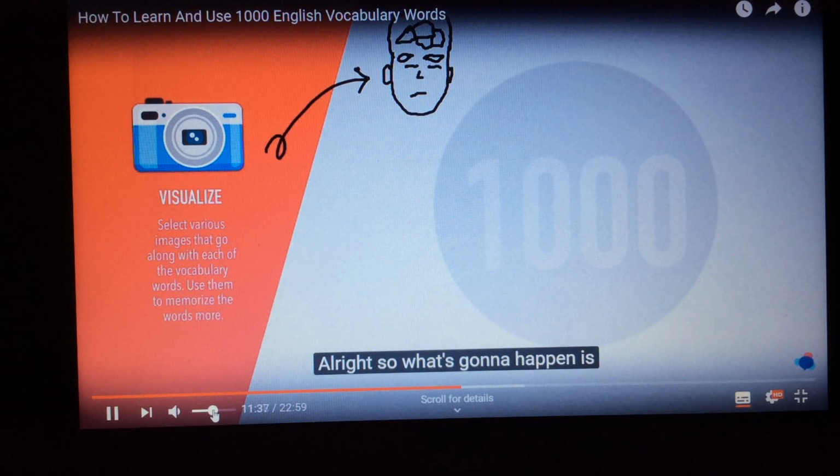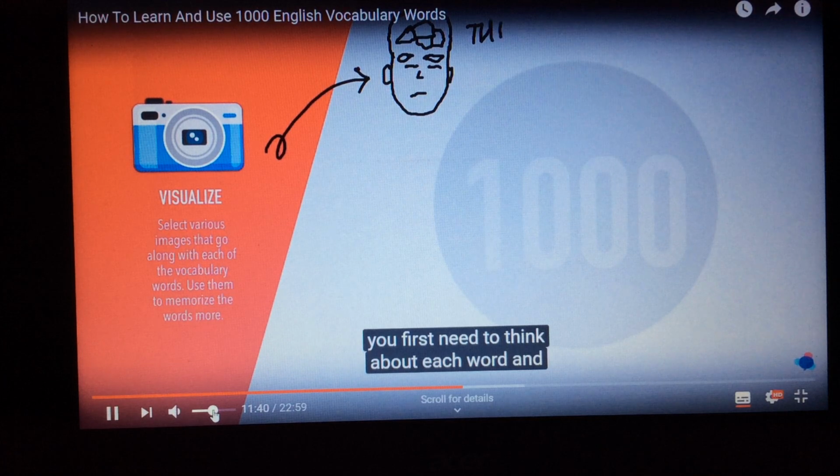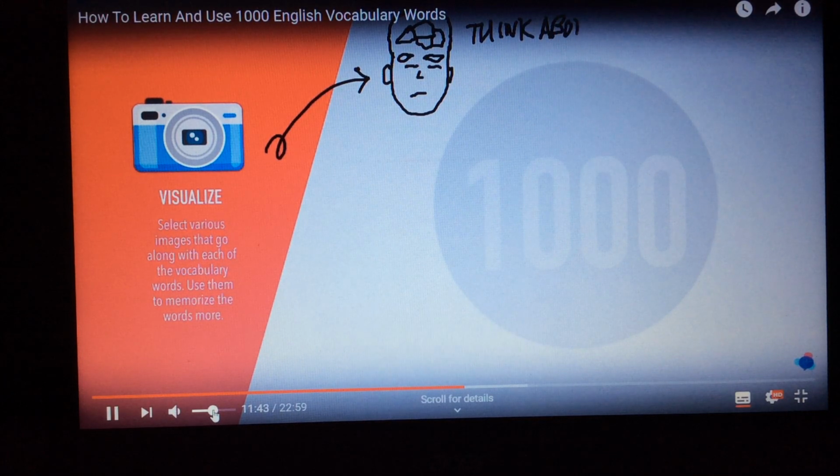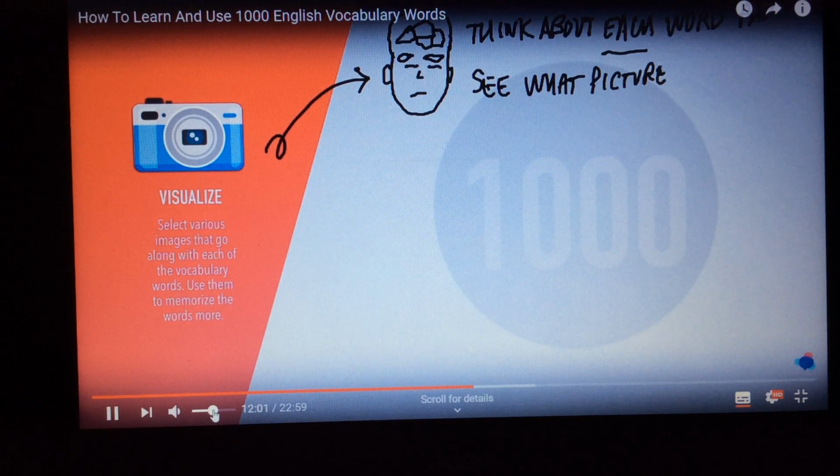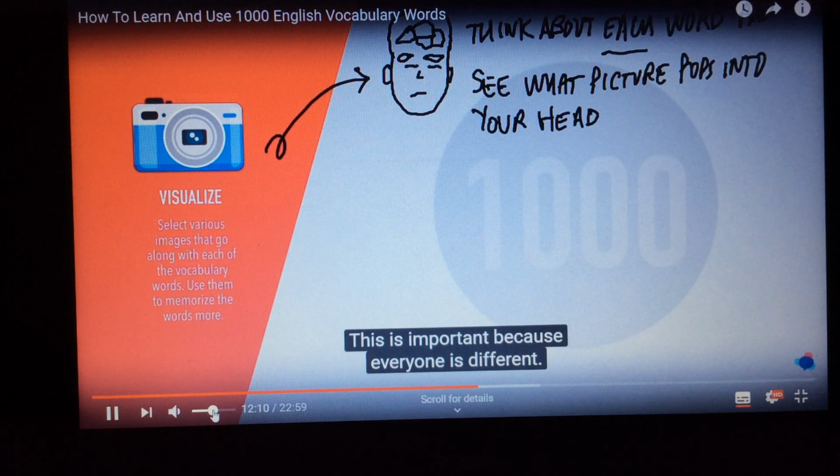All right, so what's going to happen is you first need to think about each word and see what picture pops into your head. This is important because everyone is different. If I say good food, the first thing that pops in my mind may be different from what pops in your mind. So it's important to see what pops into your mind.